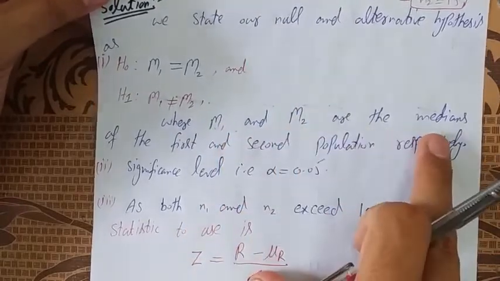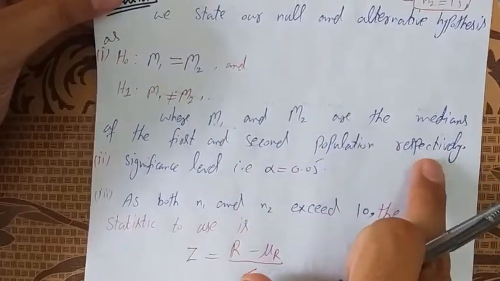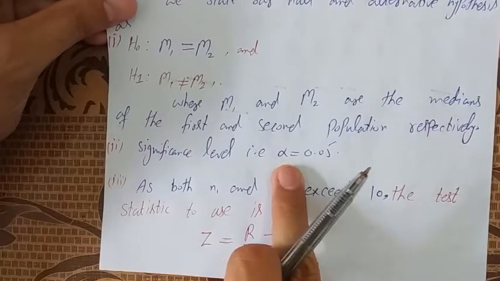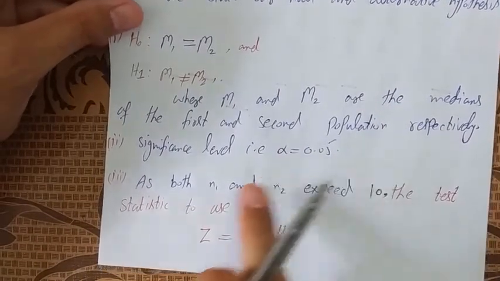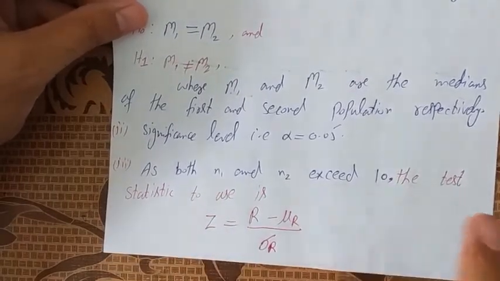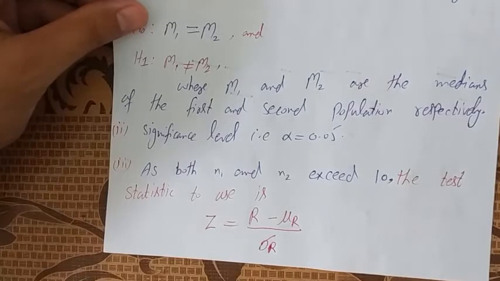M1 and M2 are the medians of the first and second population respectively. Students, for the significance level, we use alpha equal to 0.05, as both N1 and N2 exceed 10. In the third step, this is the step of the test statistic.